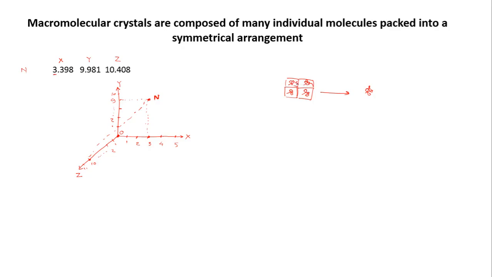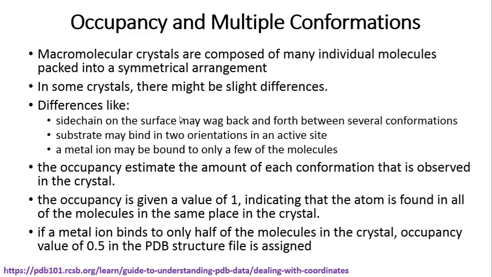Okay, and these differences in the arrangement of atoms in your protein molecule in the same crystal are usually represented in the form of occupancies. Another case is that the substrate may bind in two orientations in the active site.